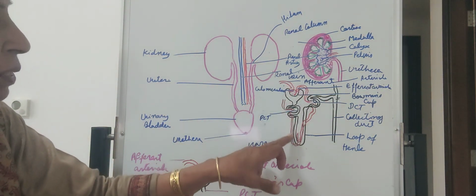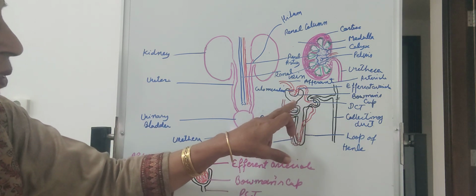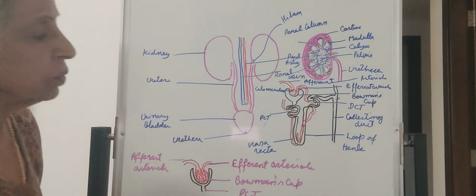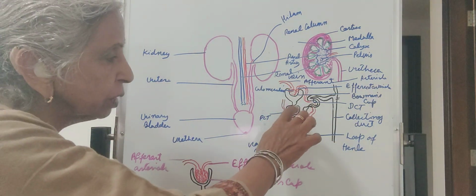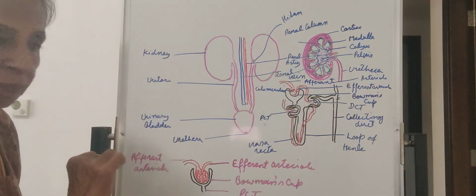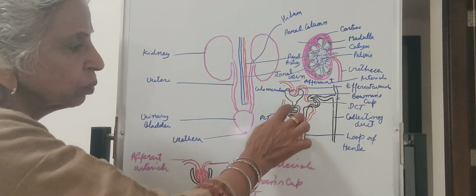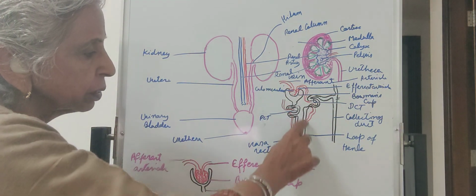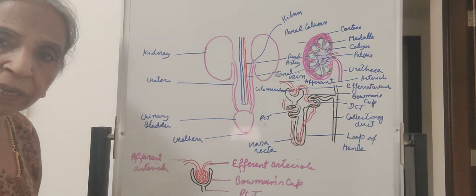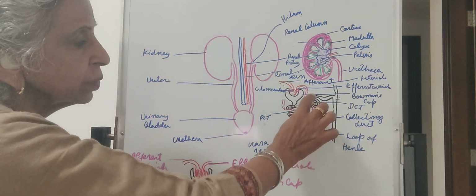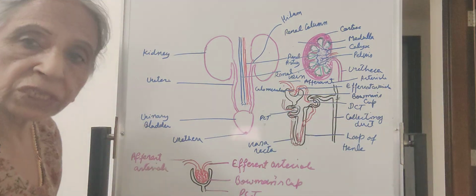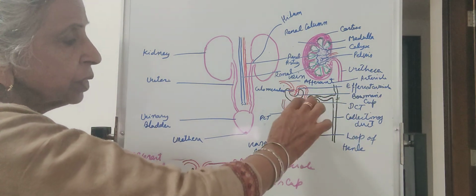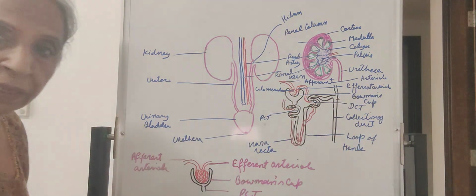The Bowman's capsule leads into a coiled tube-like structure called the proximal convoluted tubule. This leads into a U-shaped structure called the loop of Henle. The loop of Henle then leads into a convoluted structure called the distal convoluted tubule. The distal convoluted tubule opens into the collecting duct.